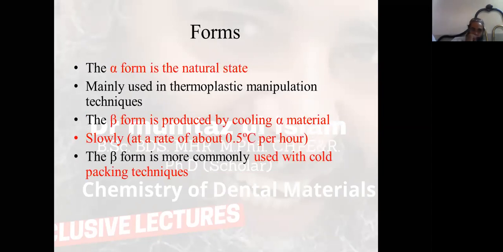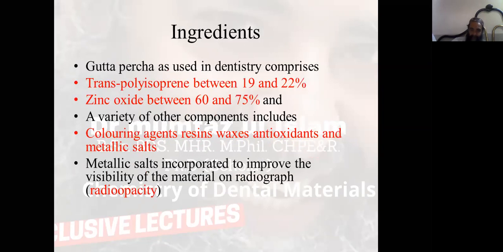The alpha form is the natural state, mainly used in thermoplastic manipulation techniques. The beta form is produced by cooling alpha material slowly at a rate of about 0.5 degrees centigrade per hour. The beta form is more commonly used with cold packing technique.